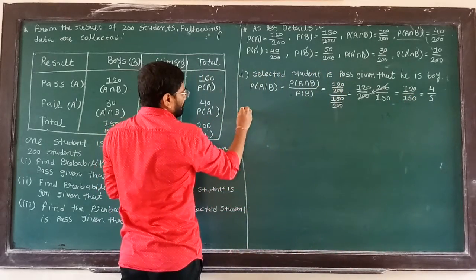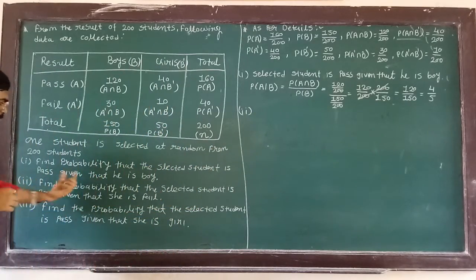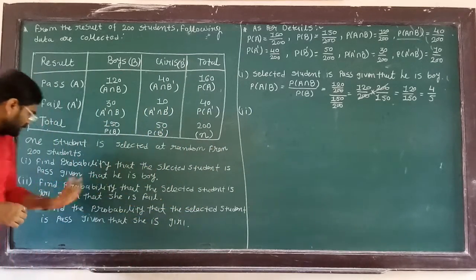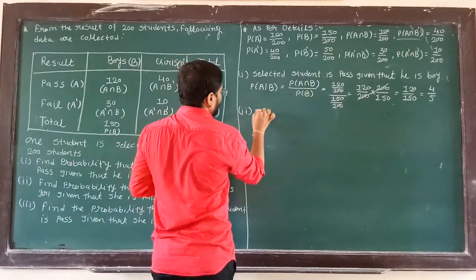Now second condition: find the probability that the selected student is a girl given that she has failed. Now we connect with this table.